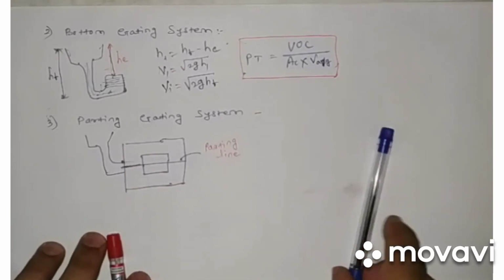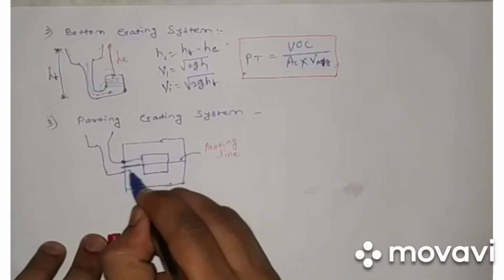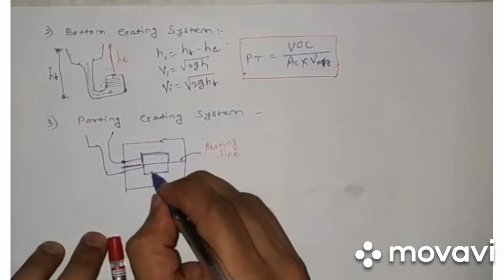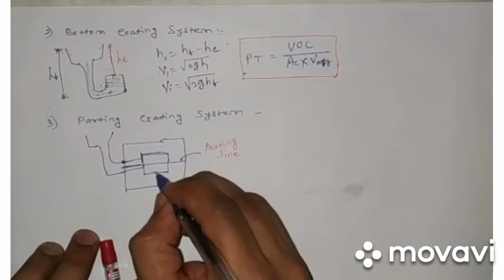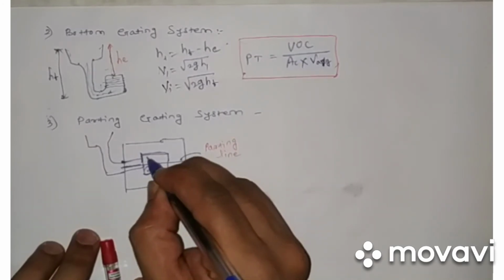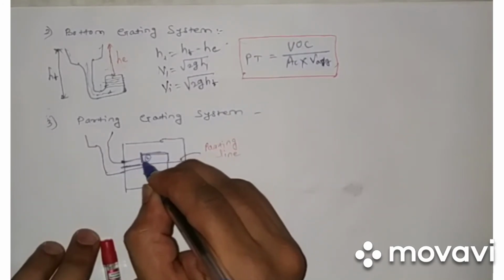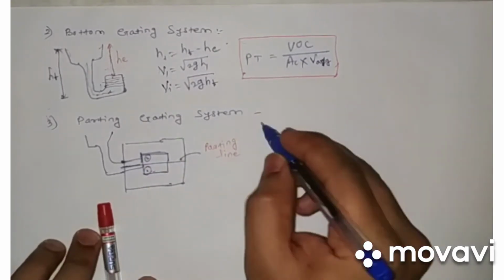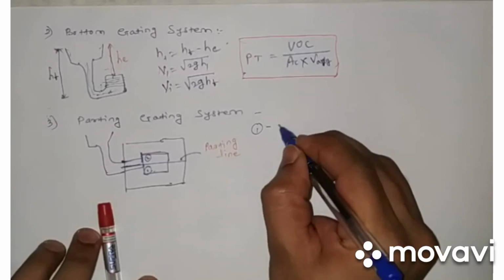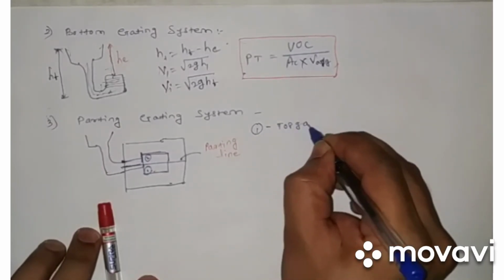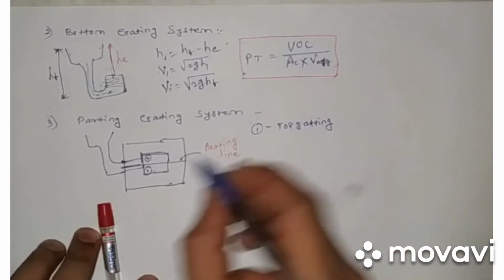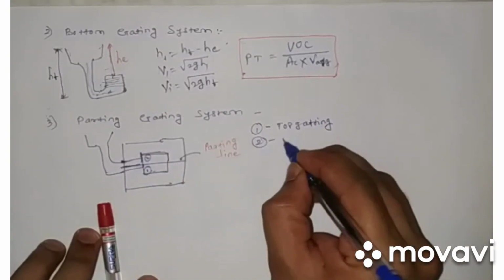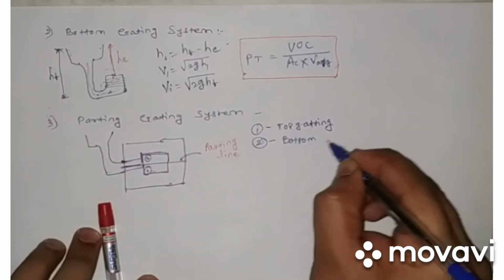So what will happen here is a combination. For the first one it will act as a top gating system, because the material is entering from the top, and for the second one it will act as a bottom gating system.